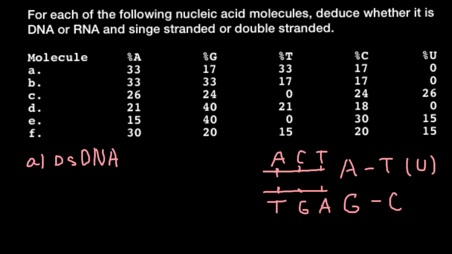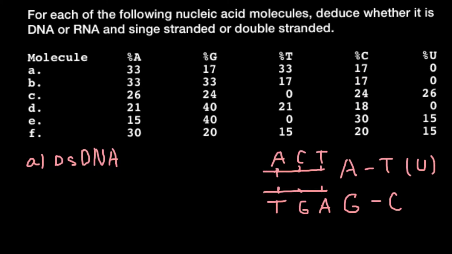Let's analyze the second line, line B. We have 33% adenines here and 17% thymines. We have 33% guanines, and guanine base pairs with cytosine, and we have 17% cytosine. So as you see, the number of adenines doesn't equal the number of thymines, and the number of guanines doesn't equal the number of cytosines.